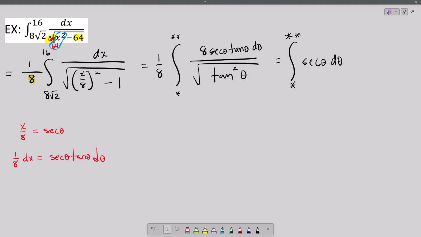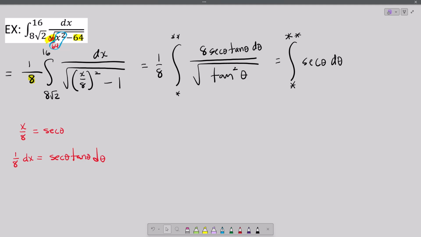Our big tactic is that we have these two separate terms, which we can't do anything with. We can't split this square root up with the sum or difference here. If we can combine these into one term, then we can take the square root. We can't take the square root of a sum or difference, but if we can turn that into a single term, we can take its square root. So that is our tactic there.